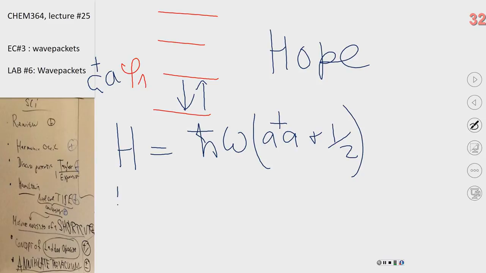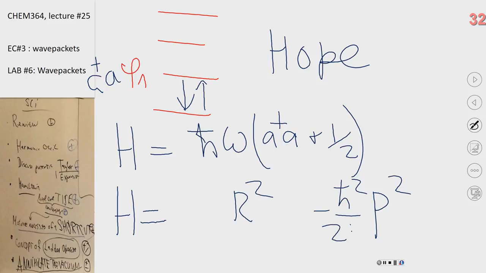But we already declared that the Hamiltonian is R squared, P squared, and then some silly coefficients up front: minus h-bar squared over 2m, and omega squared over 2, right?